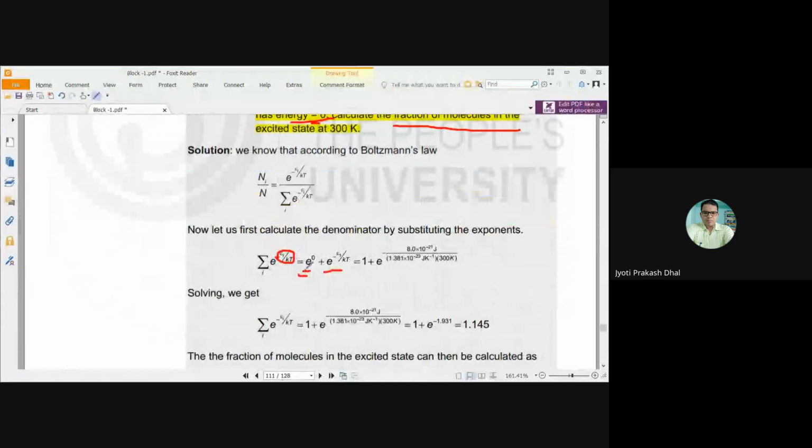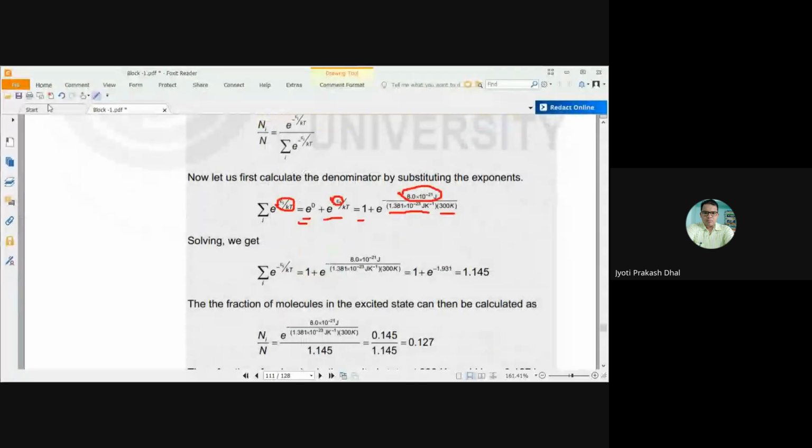So e to the power 0 is 1. In the second term, we will write e to the power minus, and in place of epsilon 1 we will put this value, 8.0 into 10 to the power minus 21 joule. In the denominator, we will put the Boltzmann constant value, and for temperature, we will put 300.